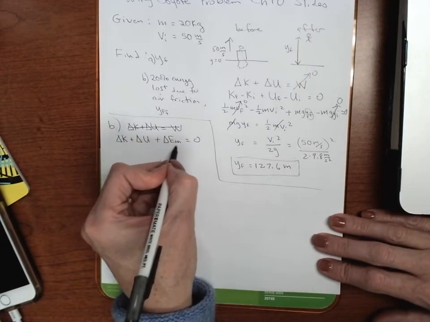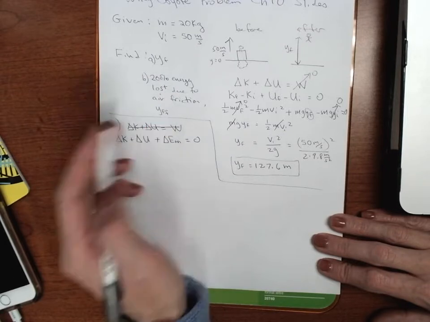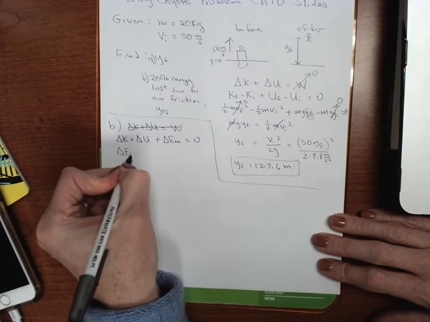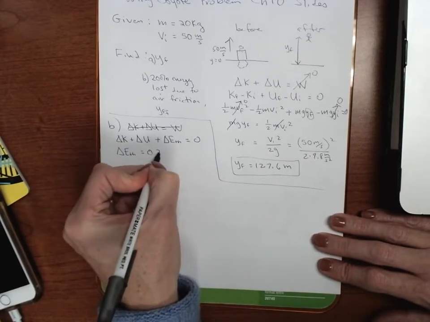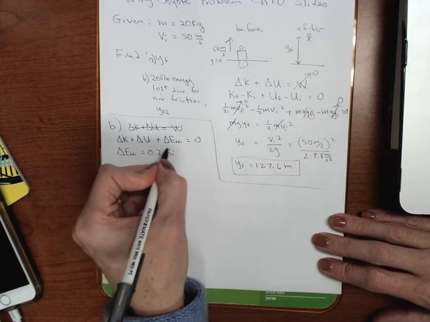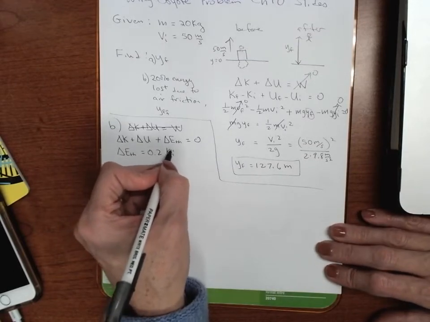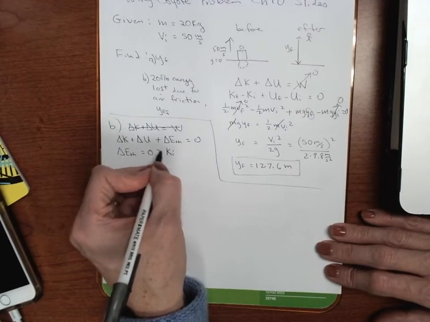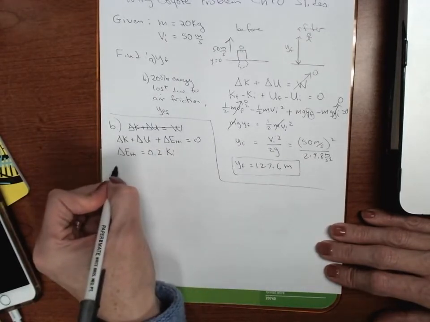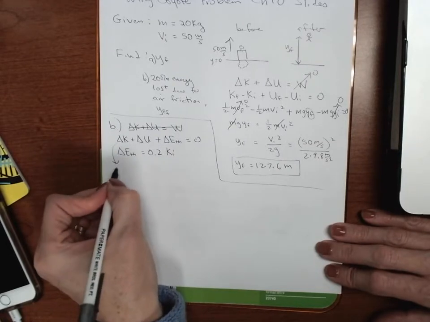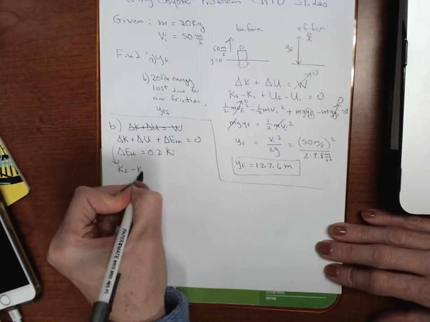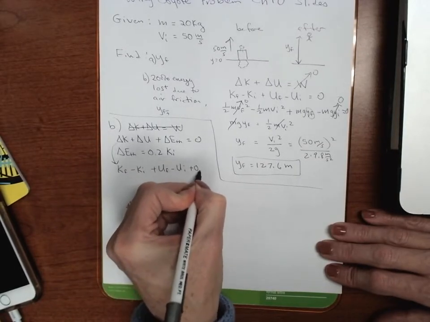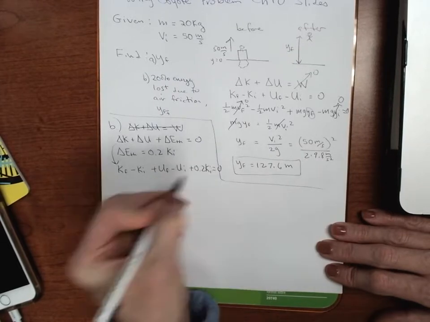So this is where I'm going to put the loss of 20% energy. So I'm going to say my delta E thermal is equal to 0.2 of K initial. So my K initial is my starting kinetic energy. My total energy is my K initial, my 1/2 mv initial squared, and I'm losing part of that. So that means I'm going to write, K final minus K initial plus U final minus U initial plus 0.2 K initial equals 0.